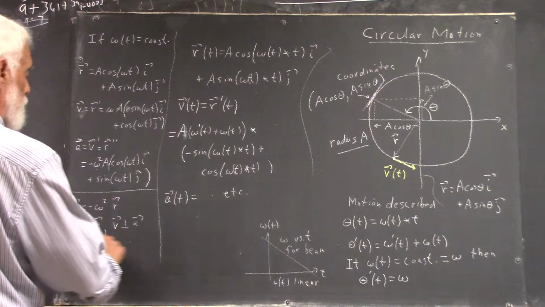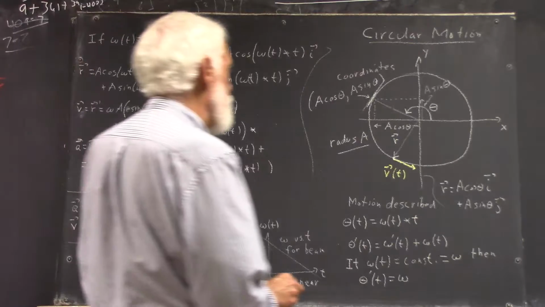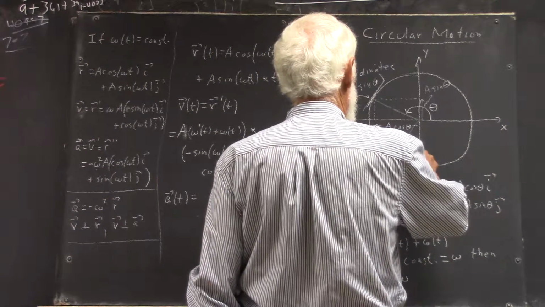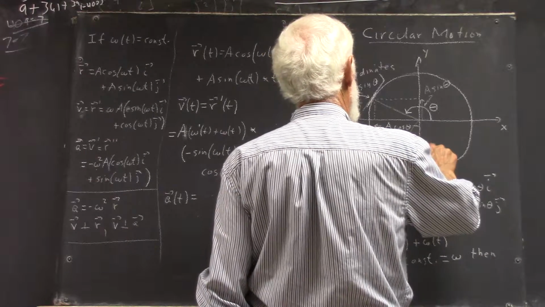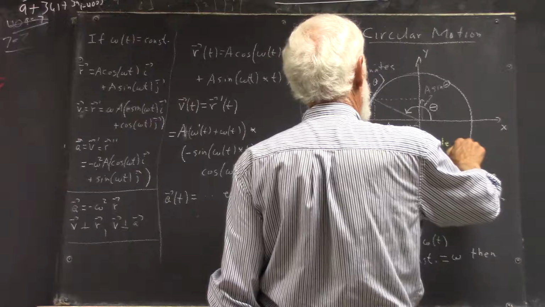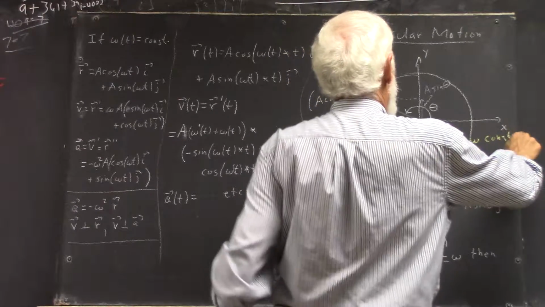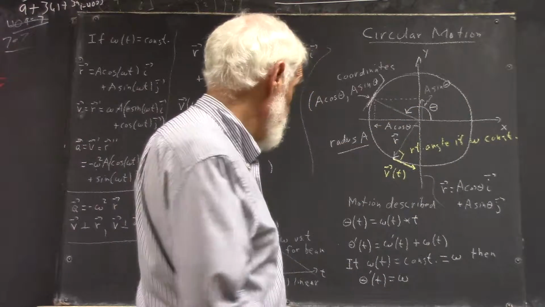And that's probably enough for right now. Okay, so we know that for constant angular velocity, this is orthogonal to this.